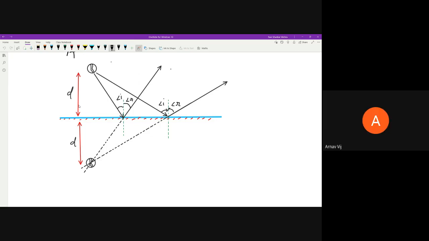Sir, I made the diagram, but I haven't made the dotted lines. Then make another one, draw it again. Yes, sir.